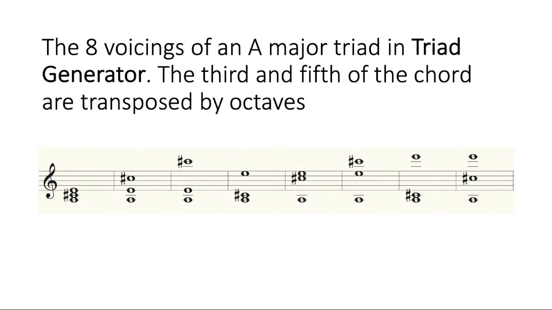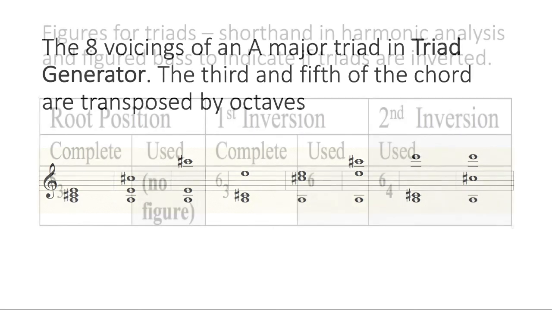The 8 voicings of an A major triad in Triad Generator are shown here. The third and the fifth of the chord are transposed by 1 or 2 octaves in various combinations.